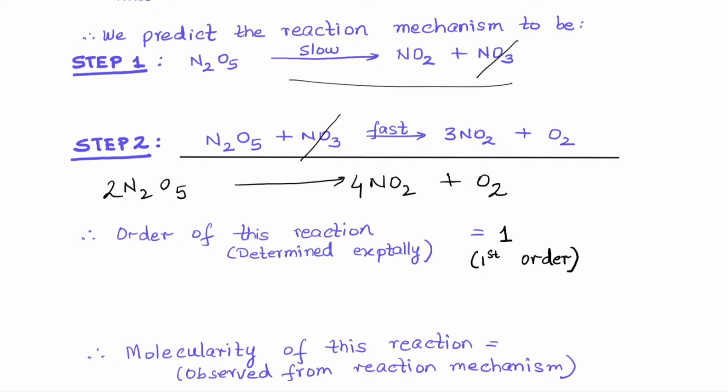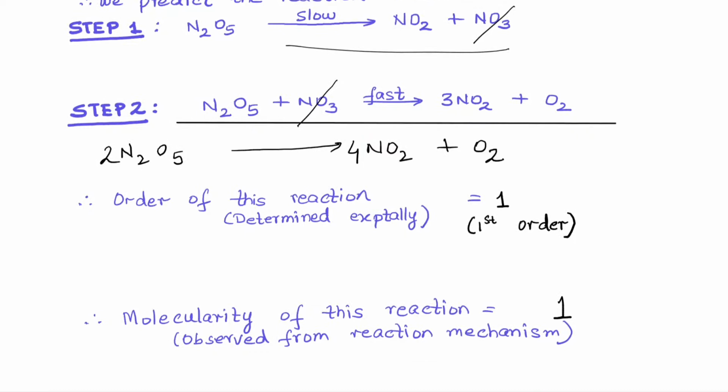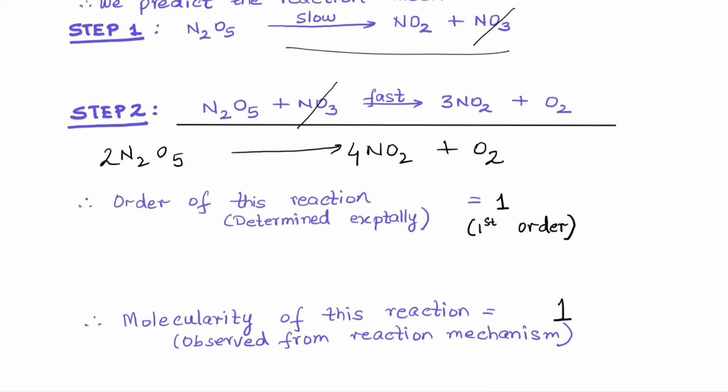This is our rate determining step, correct? Now in the rate determining step, how many molecules are involved? Only 1. So the molecularity of this reaction technically is actually 1, which we determine by observing the reaction mechanism.